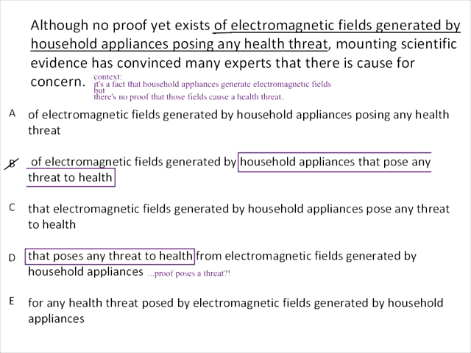So that's not going to make any sense either. Now, E I'll just help you dismiss because E is not idiomatic. There's no proof for something. It's just a poor idiom. Proof is of, not for. The correct idiom is proof of something. And that's the reason why E is not right.